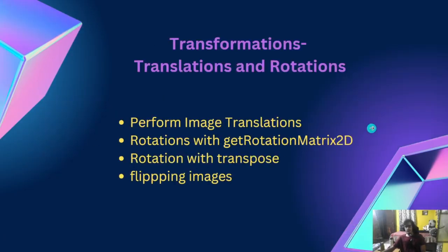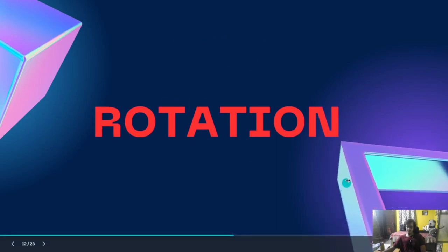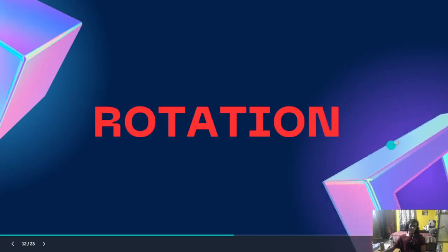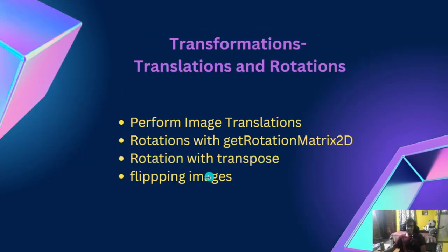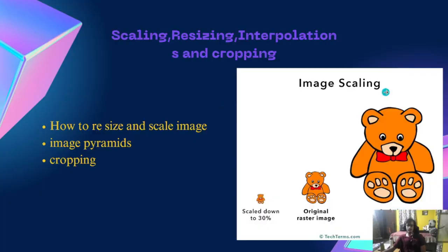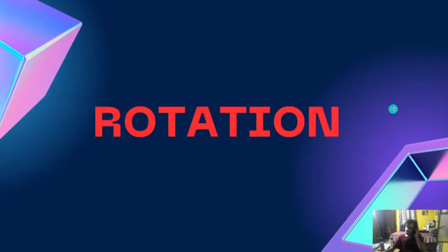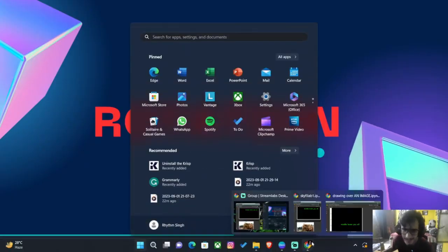What is rotation? Rotation of an image is like this. You can see this is rotating. There are two types of rotating, and after this, flipping. Here is no flipping. Let's do some coding on this.